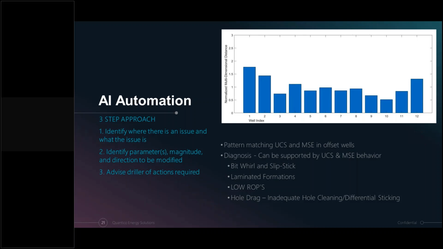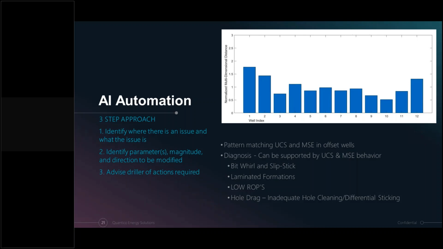So if one were to say, look at all the offsets, where did I see similar patterns in compressive strength and MSE behavior? In those patterns, which of those instances led to good ROP? And then tell me what those drilling parameters were that led to good ROP and project them into the next foot of rock that I'm drilling.